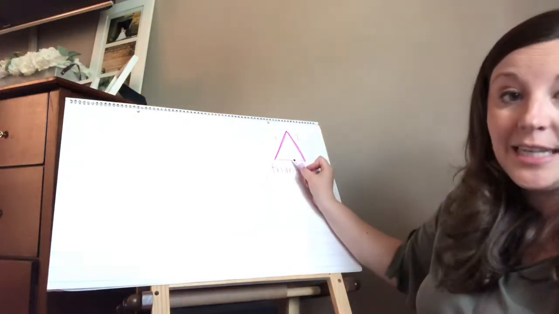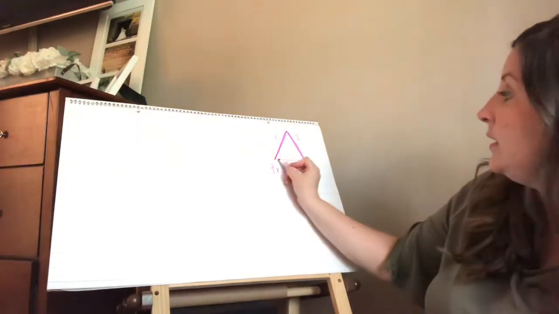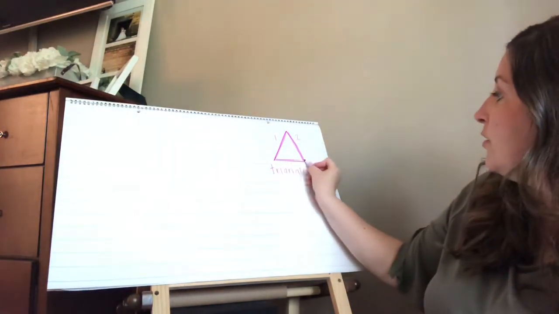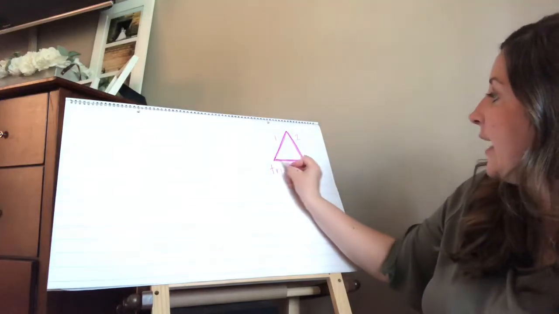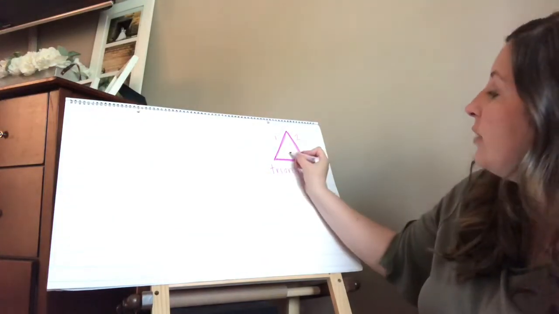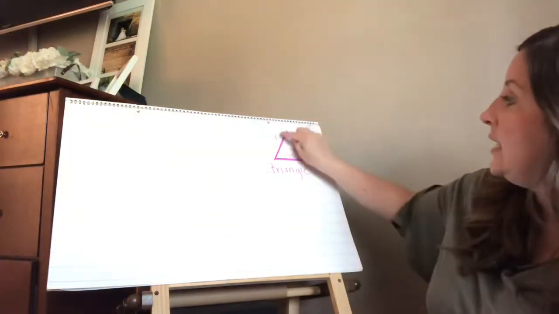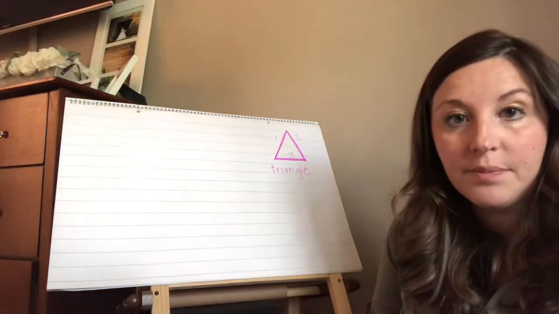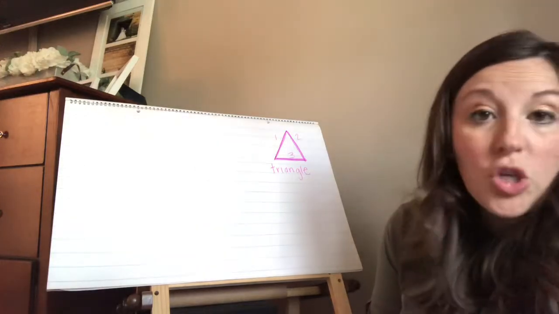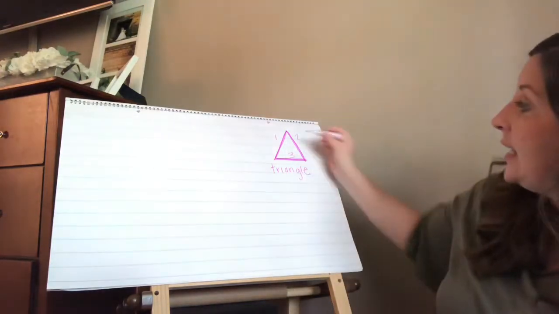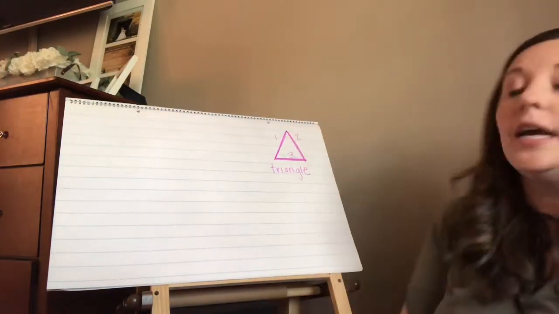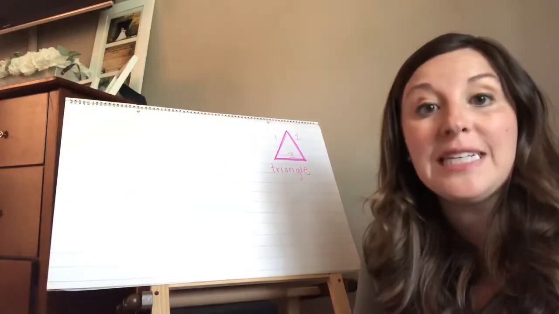And then down here is another line. So I'm gonna go over it to make sure I know that that's a side. That's a side, so I'm gonna write the number here, and that's 3. Do you see any more lines on that shape? No, there's no more lines there. So then I can count 1, 2, 3. A triangle has 3 sides.